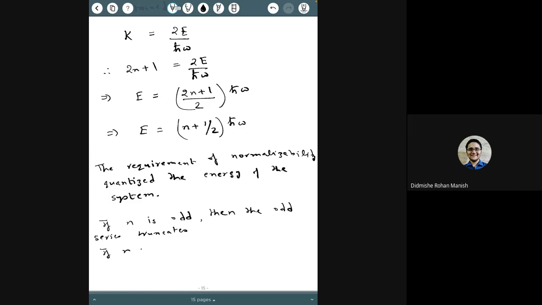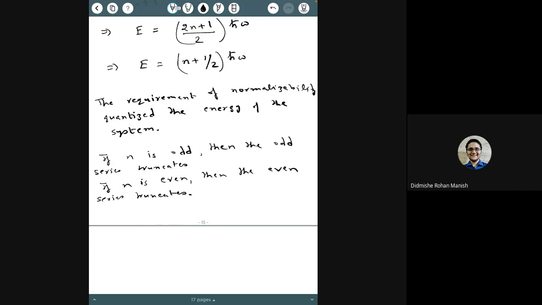If n is even, then the even series truncates. The other part, but h psi is equal to h even psi plus h odd psi. So even if one part is normalizable, the other can still diverge, and you would still end up with a psi that you can't normalize.